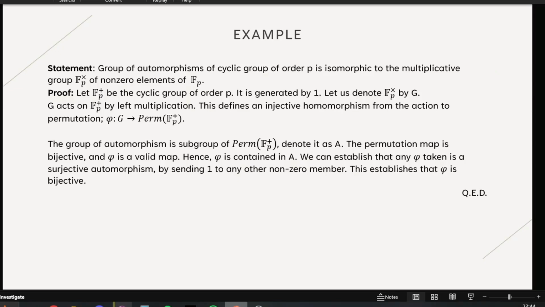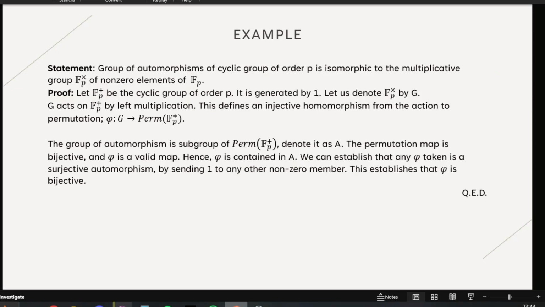G is the multiplicative group, and the set under consideration is the additive group.